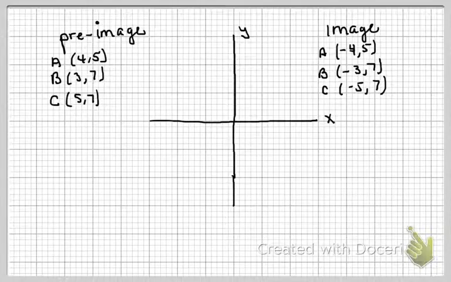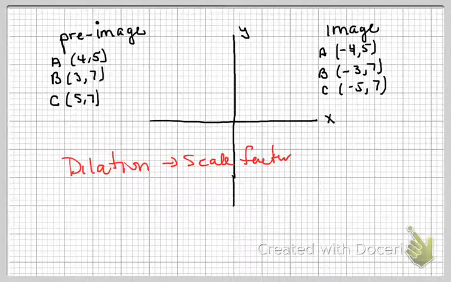When we're talking about dilation, dilation is one of the transformations. Dilation is when a shape gets bigger or smaller. When a shape gets bigger or smaller, it has a scale factor, and the scale factor is multiplied to the points.